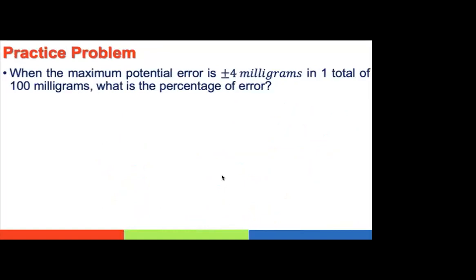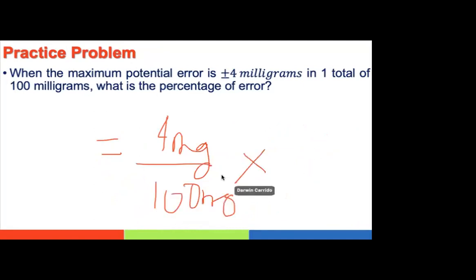Go ahead, compute the percent error of this. When the maximum potential error is plus or minus 4 milligrams in a total of 100 milligrams, what is the percentage of error? Was the error itself given as a value? Yes. What is the error given? 4 milligrams. Out of how many milligrams? 100 milligrams. So you just multiply this by 100. The answer is 4%. Okay?